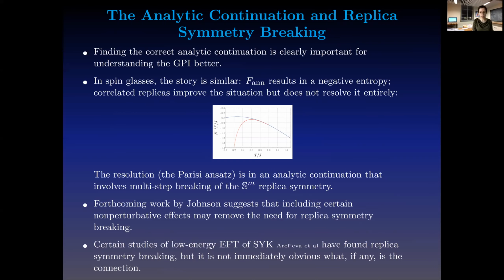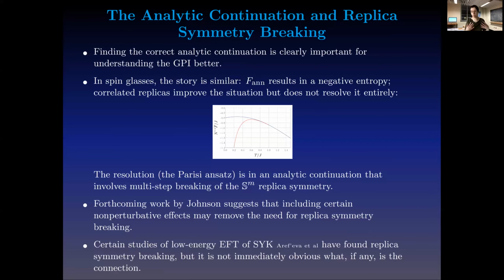Now, the resolution in the spin glass case is something called the Parisi ansatz, which is an analytic continuation that involves multi-step breaking of the S_M replica symmetry, the permutation group replica symmetry. Now, I'm told that there's forthcoming work by Clifford Johnson that suggests that you don't necessarily need replica symmetry breaking in JT gravity, but there are certain non-perturbative effects that may remove the need for replica symmetry breaking.